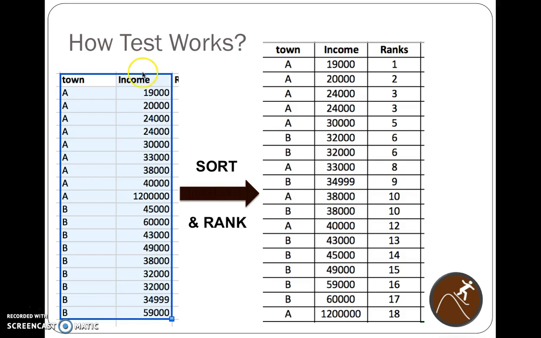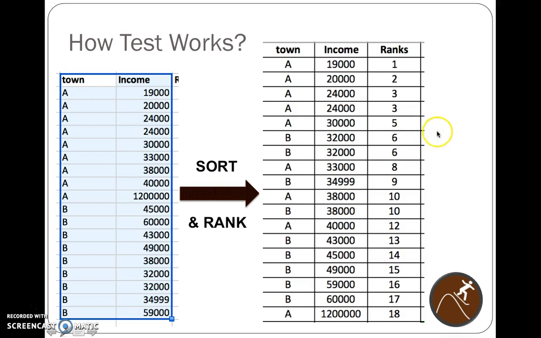And my first instinct on sorting it and ranking it would be, after I sort it, you see that the poorest 5 households are in town A. Then we've got town B, and then we rank it 1, 2, 3, and then we adjust for ties, so we call that 3 again. 5, 6, 6, these are tied. We skip 7 and go to 8 because of the tie.